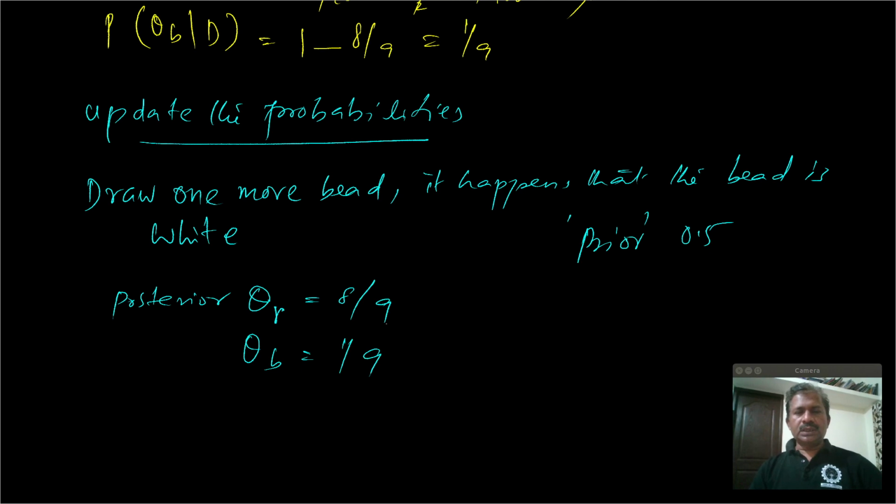So this will be now used as the prior probability for the new problem, right?